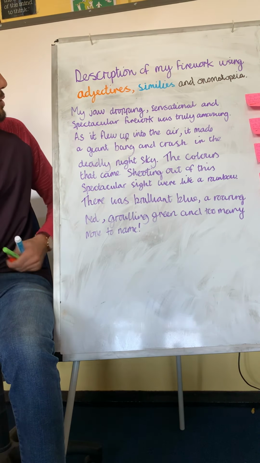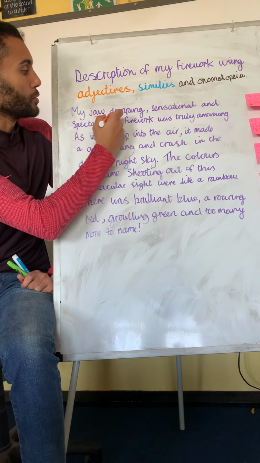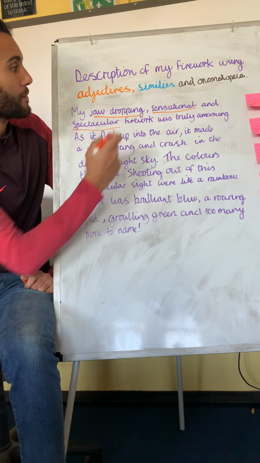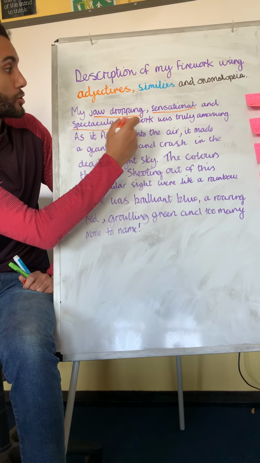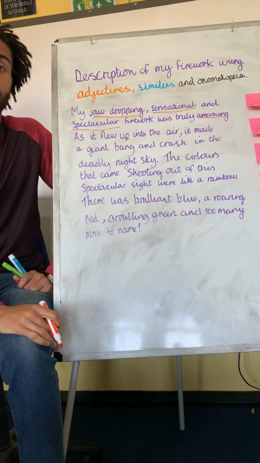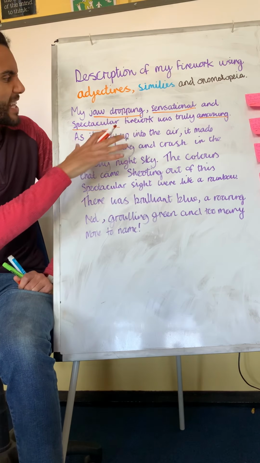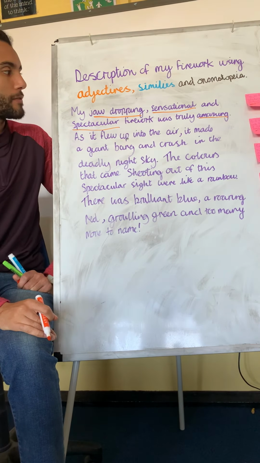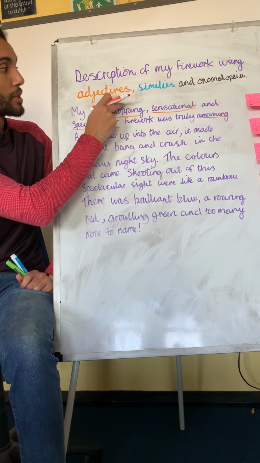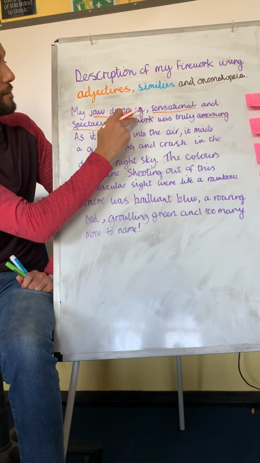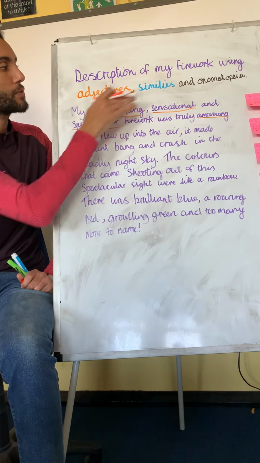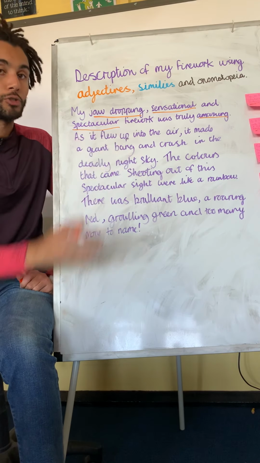Our adjectives here: my jaw-dropping, sensational, and spectacular firework was truly amazing. So we've got 4 adjectives in that sentence. If you're not too sure how to start it off, you can use it as a frame. For example, you might say, my something, something and something firework was truly something. If you're struggling, just fill in those blanks and choose your own adjectives.